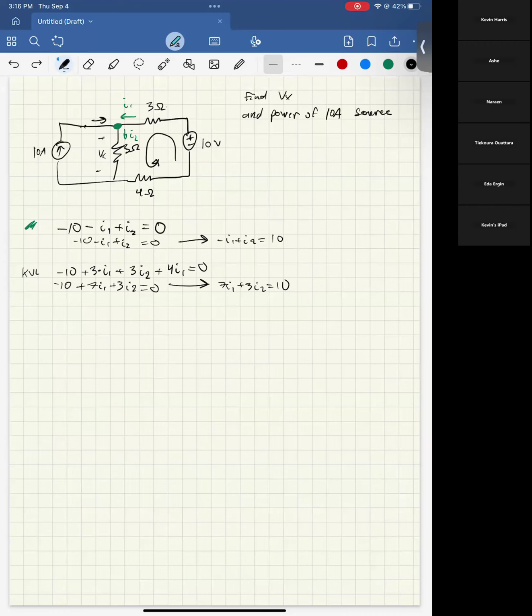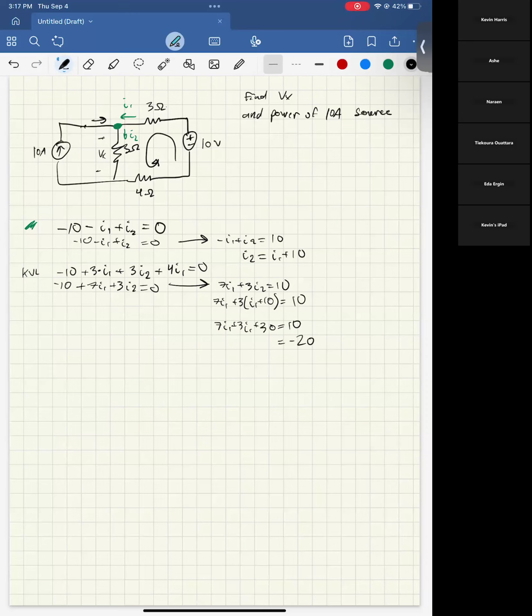Let's just say I2 equals I1 plus 10. And then we can say 7I1 plus 3 times I1 plus 10 equals 10. And then we have 7I1 plus 3I1 plus 30 equals 10. And then you subtract it over, negative 20.